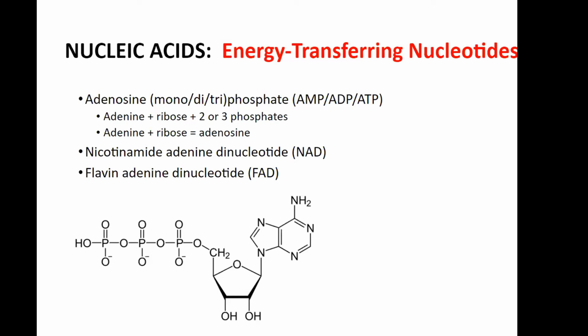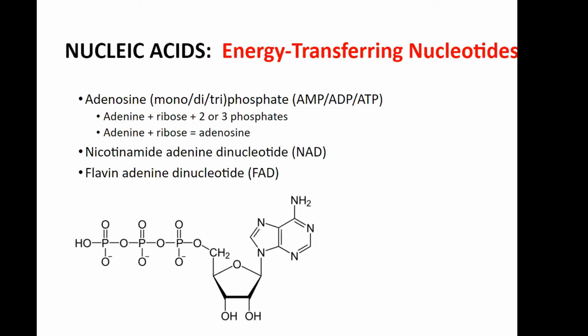So our helper molecules for this that are also nucleotides are NAD and FAD. So there aren't pictures of them up here. Honestly, you won't really have to see pictures of them, but they look relatively similar. So we also have nicotinamide adenine dinucleotide. So it's just another type of nucleotide, and it'll work the same way, basically.